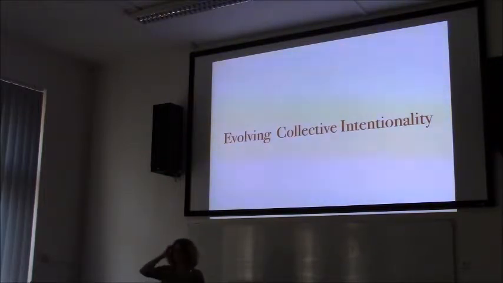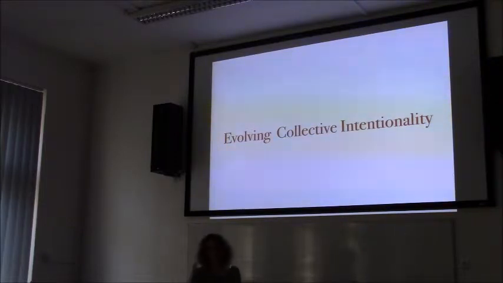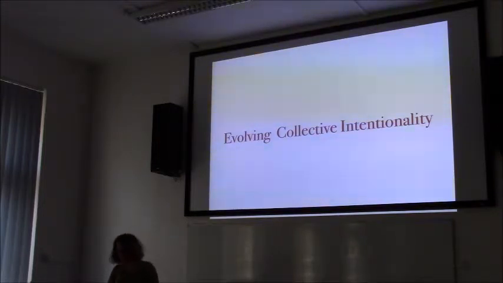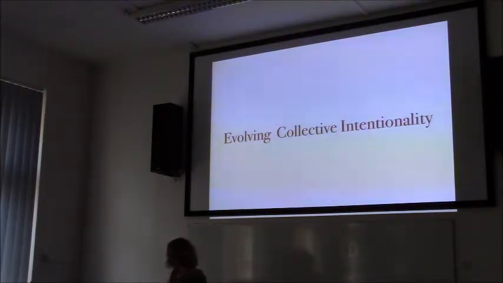Now I want to say something very brief about evolution, because I know people here work on this and it's very interesting. But so far I just discussed development. Now I'm going to say a little bit about collective. It will be only a little bit so I can be on time.